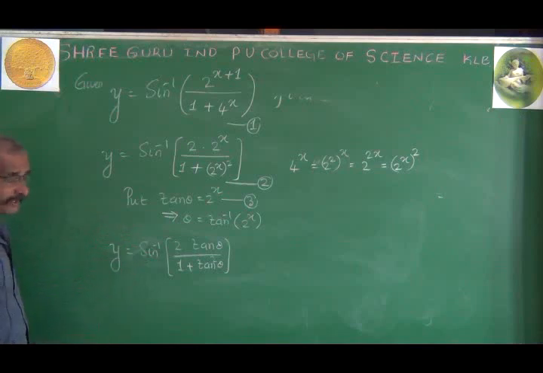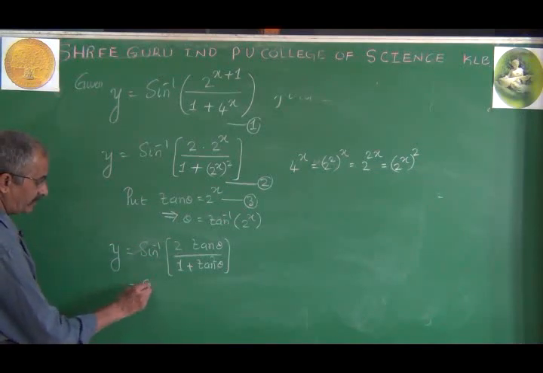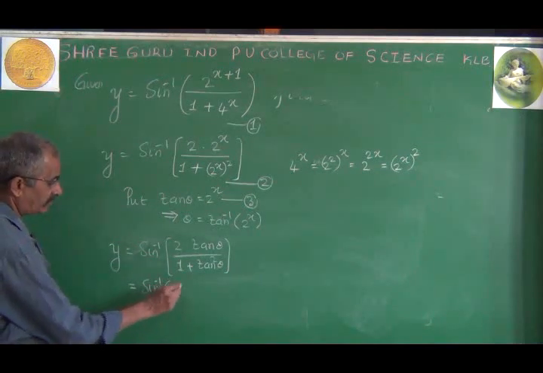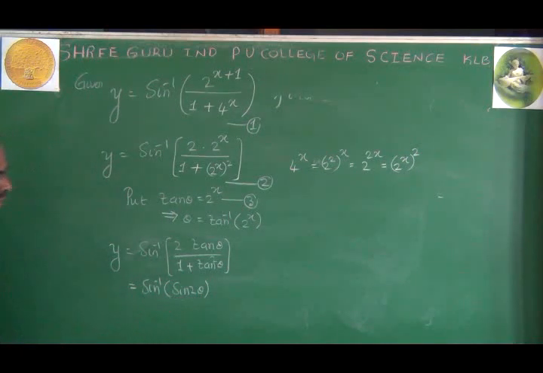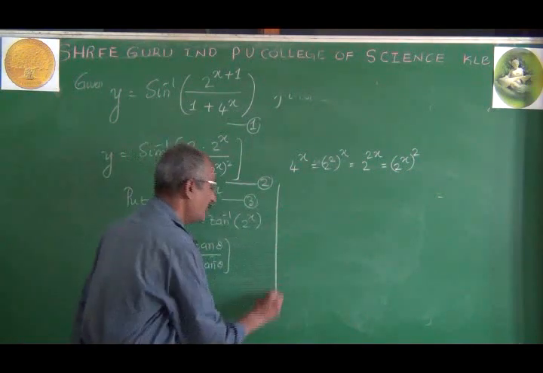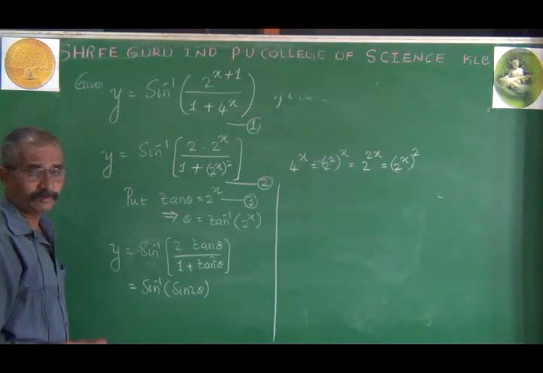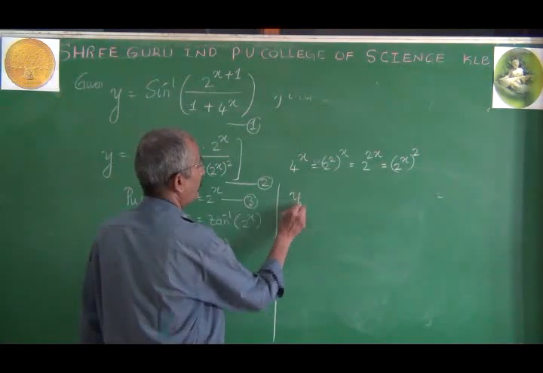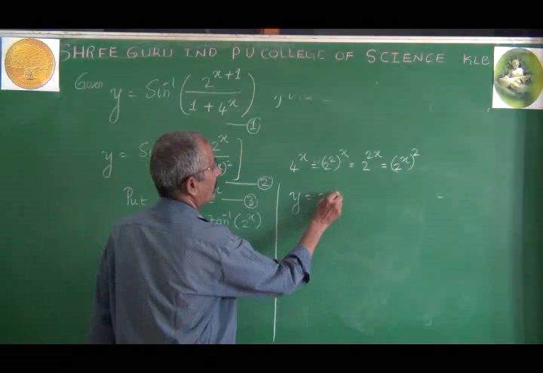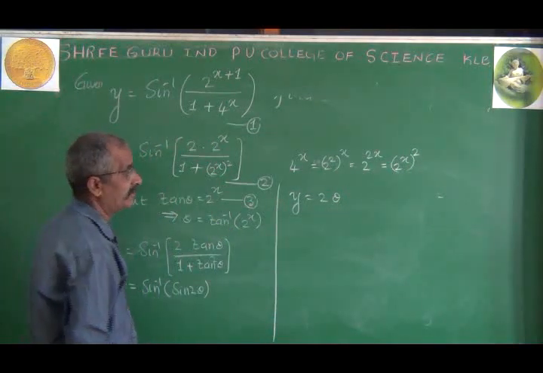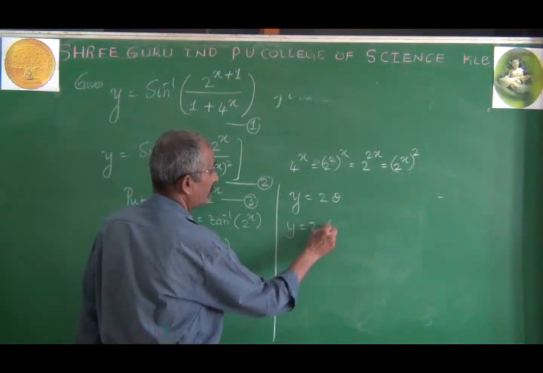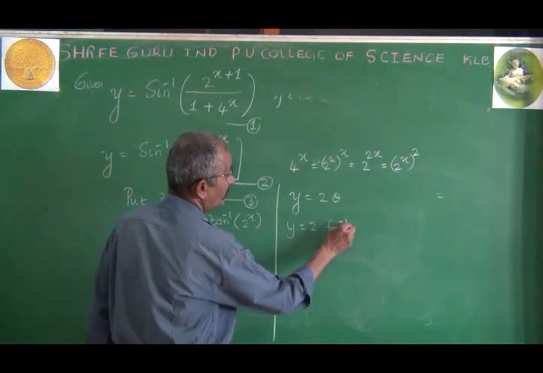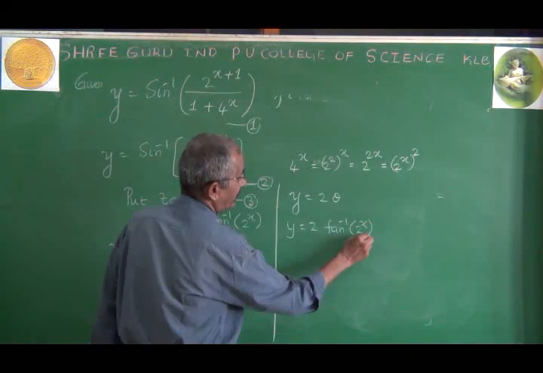Now this will be equal to sine 2 theta. Hence y equals sine inverse of sine 2 theta. By inverse trigonometrical function formulas, sine inverse of sine 2 theta means only 2 theta. So y becomes 2 theta. Replace back the value of theta: y equals 2 into tan inverse of 2 to the power of x.